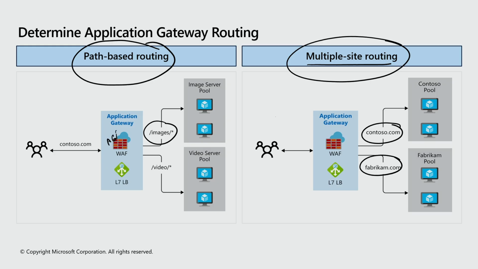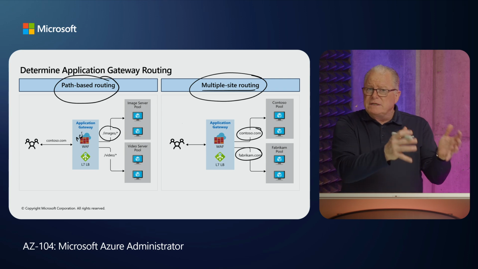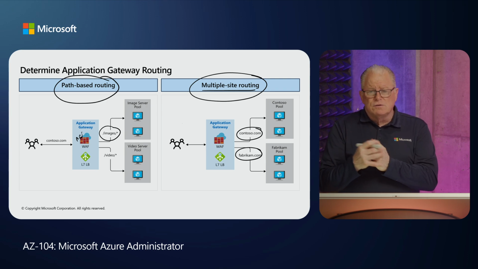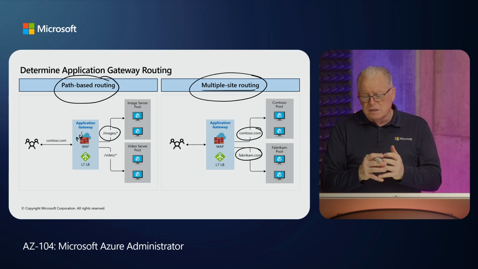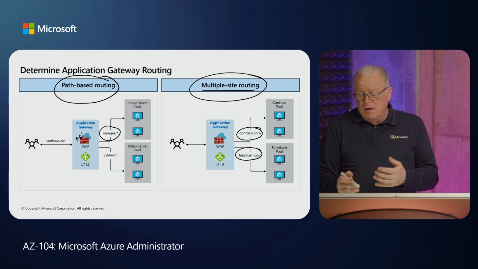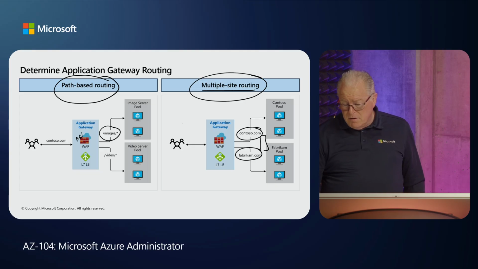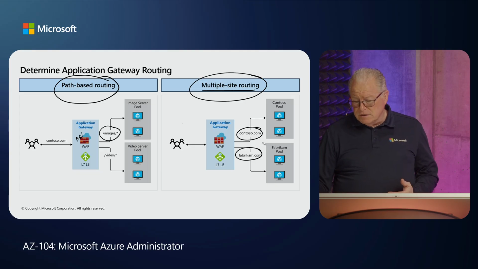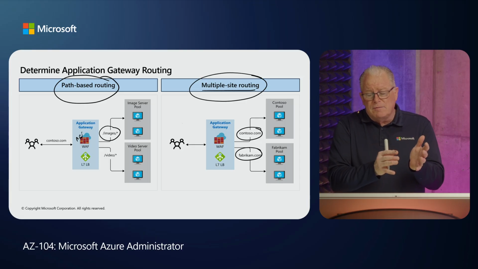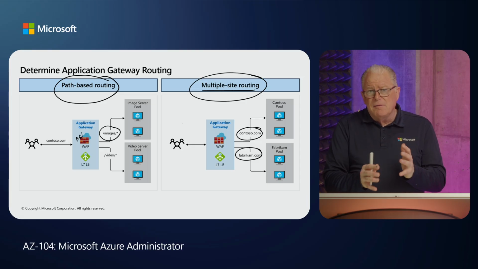So I've got a group of people. Maybe I have both a retail division of my organization, and I have maybe a wholesale division, or maybe some private customers. And maybe they have 2 different company names that we want to have them go back to. Maybe they come to a common front end for some services. Maybe they go back to specific services for that URL name that they're working with. So these become variations that we have for being able to route traffic in the application gateway.